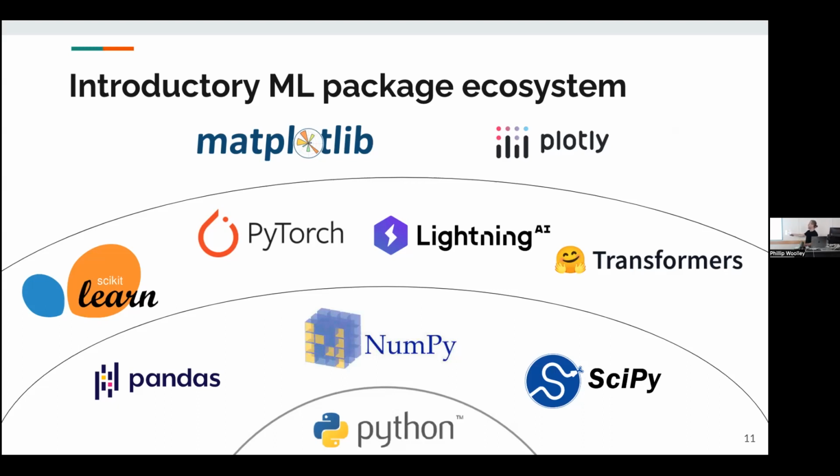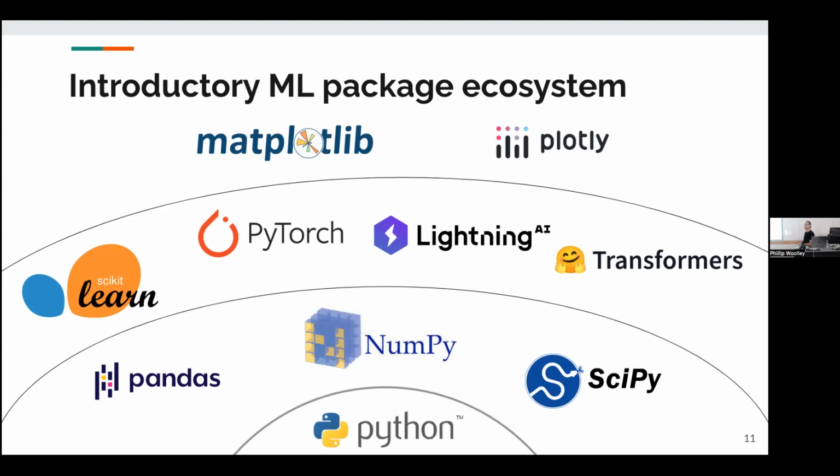The second layer here is just a handful of potential ML packages. So starting on the left, scikit-learn is great for simple implementation of kind of basic models to really get started with machine learning. PyTorch allows you to create custom models for specific applications.